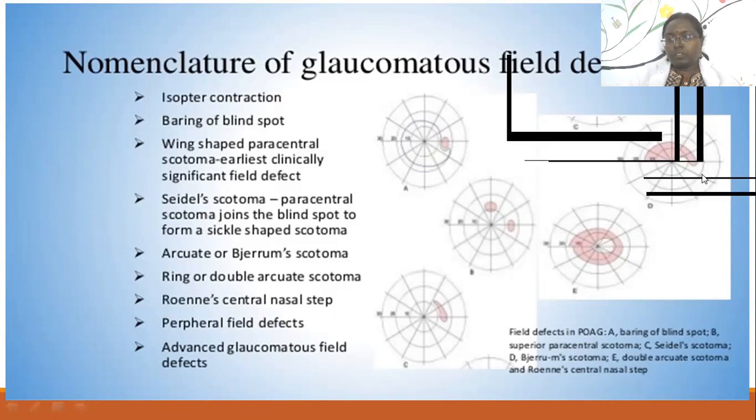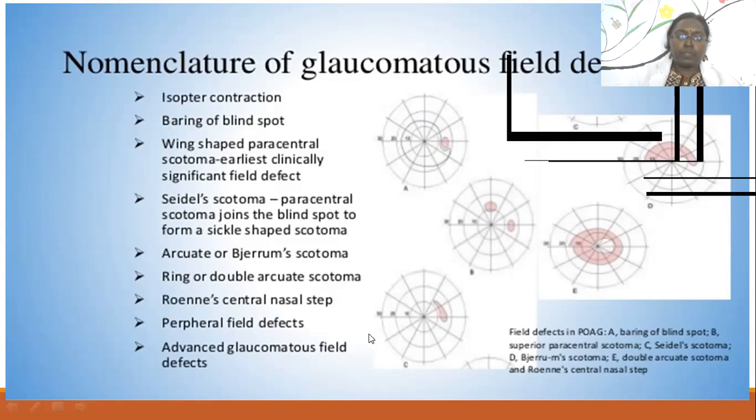Picture D is a Bjerrum scotoma, an arcuate scotoma along with the blind spot. On the nasal side, when the radiating fibers are involved, you get the Roenne's central nasal step.